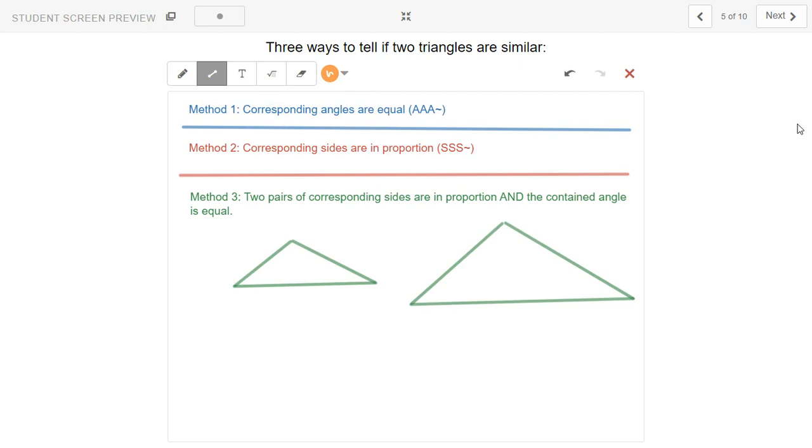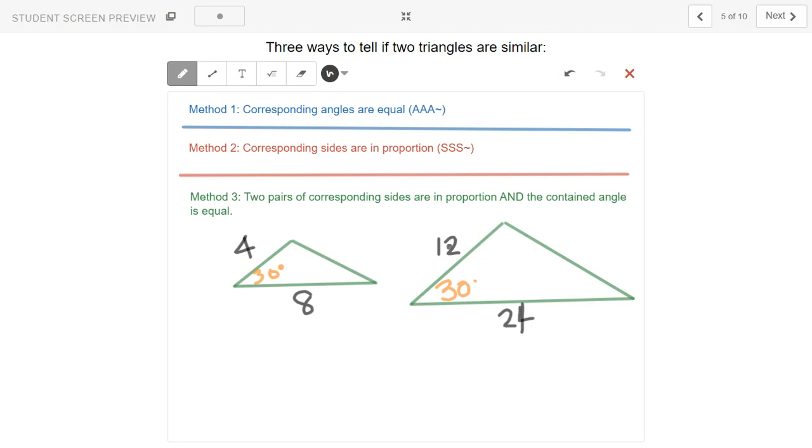If I have the angles at the same degree, let's say this is 30 and 30, and my sides are in proportion to each other, you can tell that these two are in proportion.